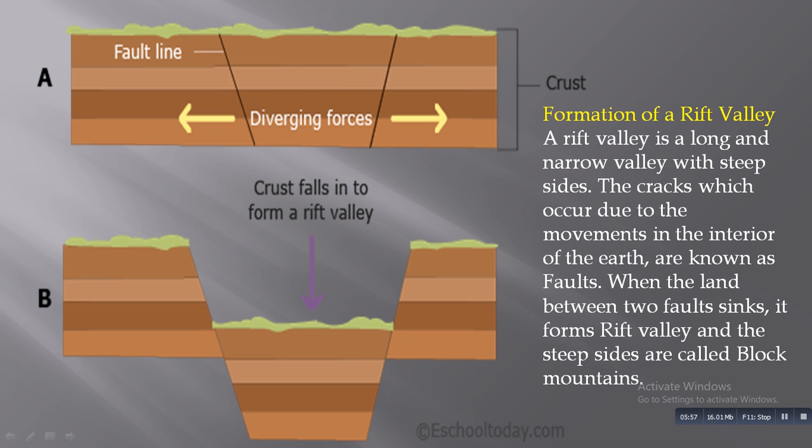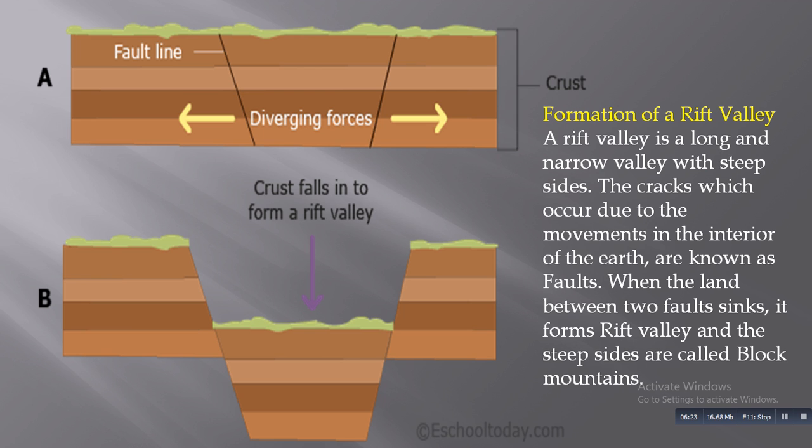The cracks occur due to movements in the interior. As shown in figure A, you can see a fault line. Fault line means a crack line. These cracks form due to the internal pressure of the earth and are known as faults.